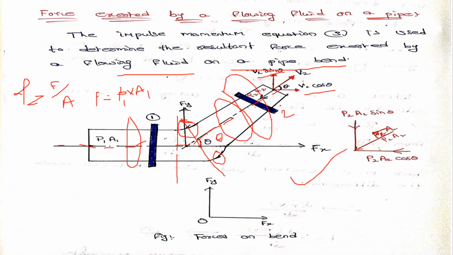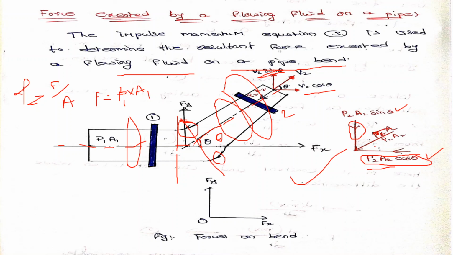Same here, P2A2 into sin theta we are considering here, and P2A2 cos theta, because here the flow is in adjacent side and here the flow is coming in opposite direction. So here we can make cos theta, and here we can make sin theta.